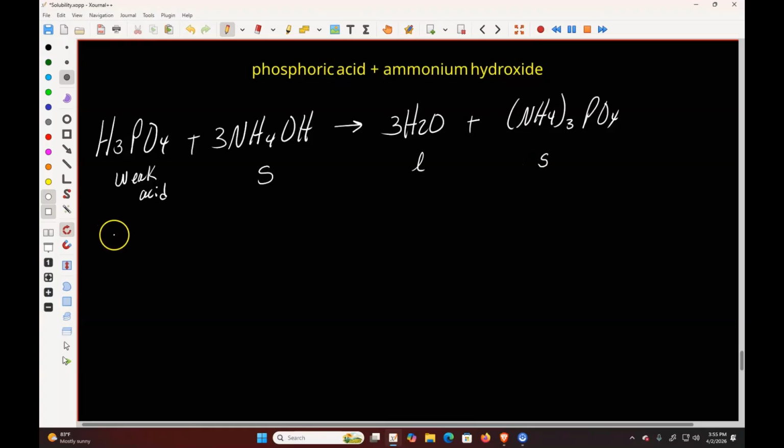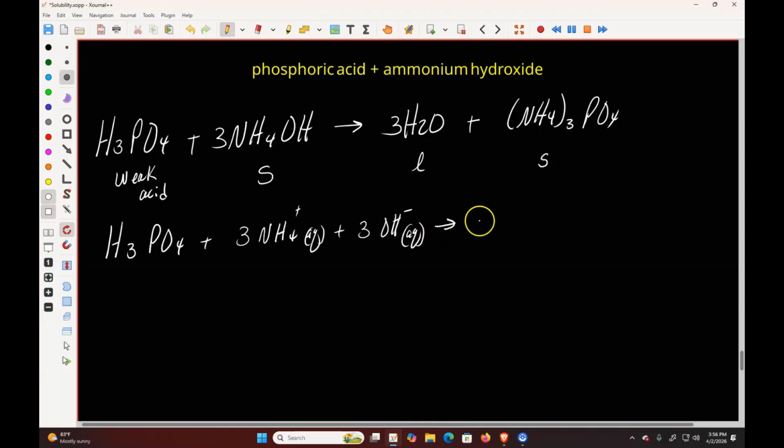So I'm going to keep this weak acid whole, so it'll be H3PO4 plus 3 NH4 plus aqueous plus 3 hydroxides produce 3 waters as a liquid plus 3 ammoniums plus a phosphate.